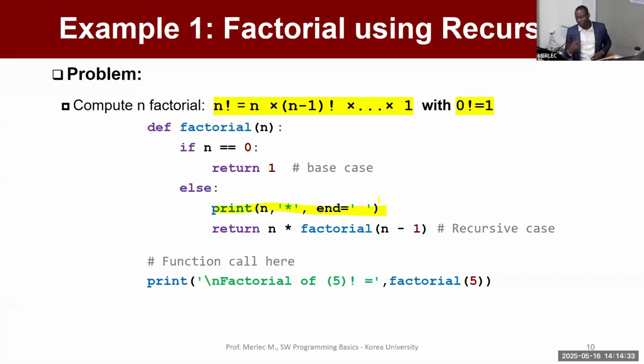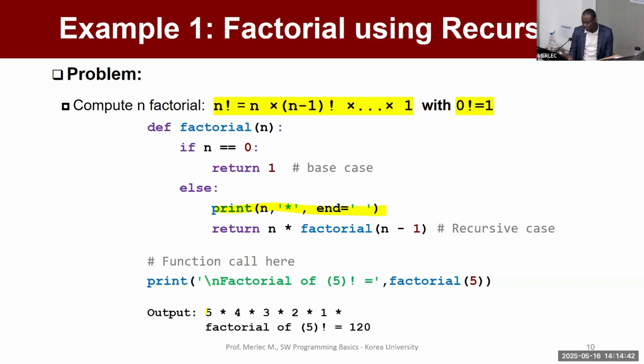This is the main difference with the previous version. So I would like to get all steps, okay, intermediary values. So with this, you will see the result will be like this. I will collect the value of n multiplied by n minus 1, minus 1, minus 1 until I reach 1. Then I will print the final result as follows.